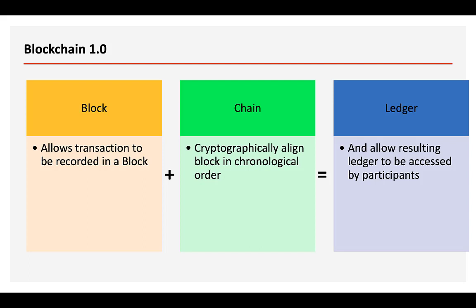So you have blocks, and blocks are connected to each other by cryptographic hash, and that's what is called a blockchain. And this allows you to create a decentralized ledger, and this ledger has all the history of all the transactions, and this can be looked up by anybody, any of the participants in the blockchain, and as new transactions happen, they can be validated by looking up information in the blockchain.